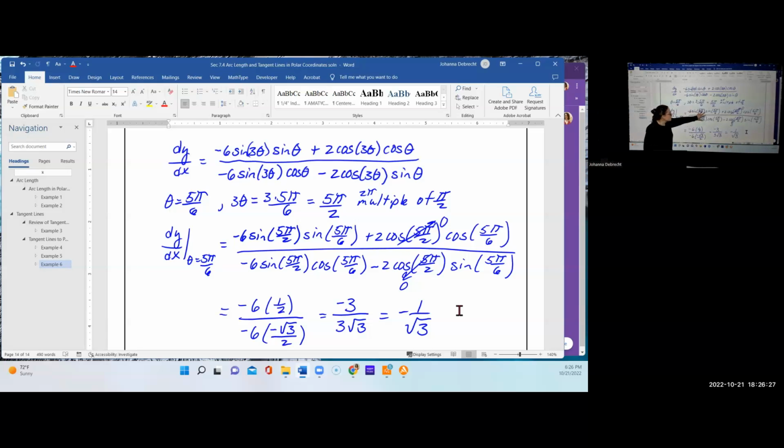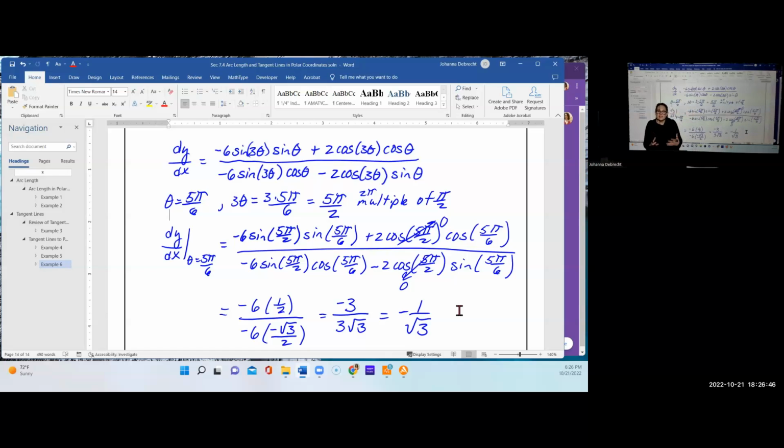So when I plugged those values in, I got some cancellation in the second terms of the numerator and denominator. They zeroed out because the cosine of 5 pi over 2, like the cosine of pi over 2, is 0. And when I simplified this, I got negative 1 over the square root of 3.